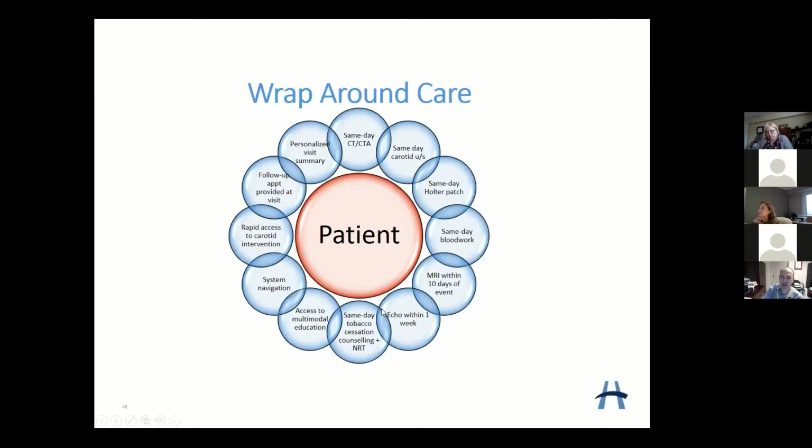All this really is patient-centered care. So it's important to make the patient the reason that we're doing everything, and to make the system work for the patient, not the other way around.